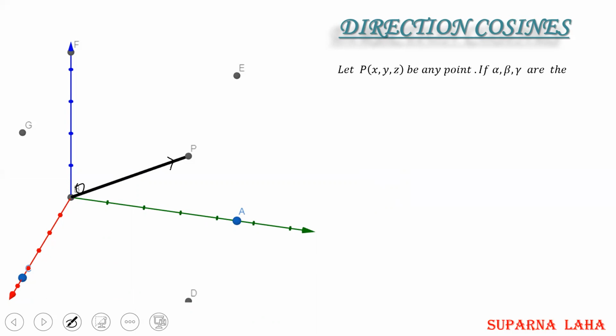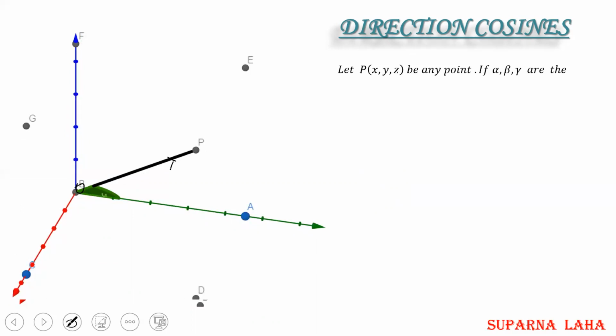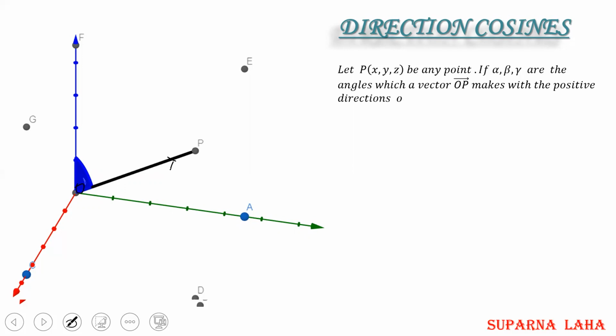This OP makes angle alpha with the x-axis, beta with the y-axis, and gamma with the z-axis. This alpha is in the positive direction of the axes. These angles are called direction angles.